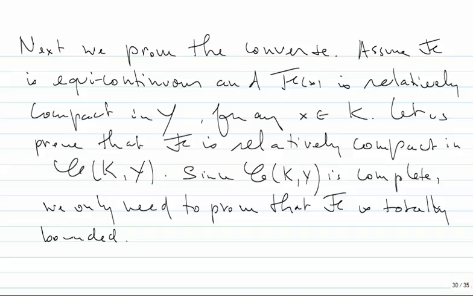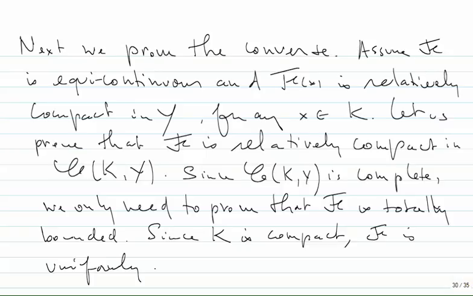Since K is compact, we can use the same idea of the proof where we showed that continuity implies uniform continuity to show that in fact F is uniformly equicontinuous. Same proof, exactly the same.